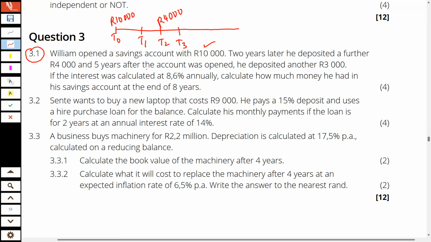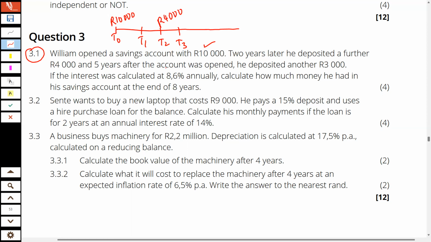So you have that there. 2 years later, 4,000 was deposited, and 5 years after the account was opened, he deposited another 3,000.